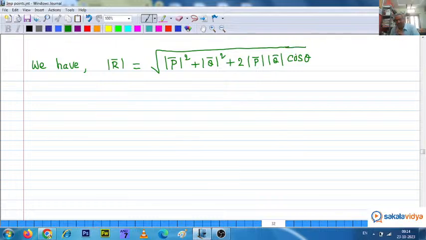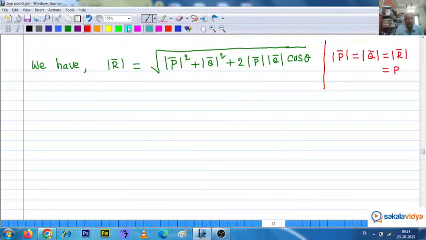Now let us replace. My dear students, you remember here mod P bar equals mod Q bar equals mod R bar equals P, according to the problem.